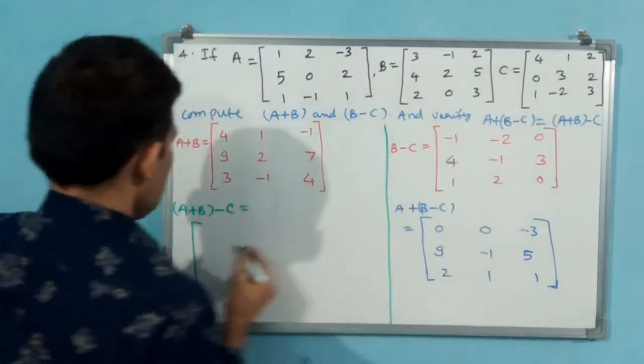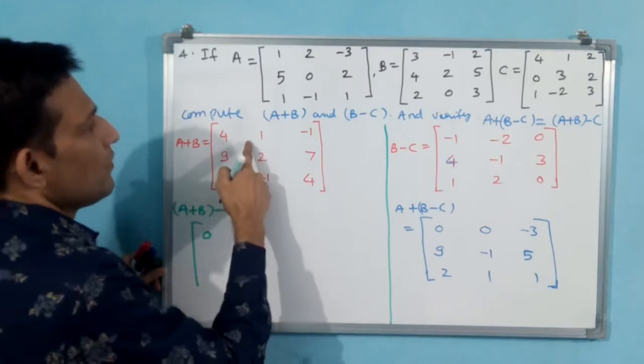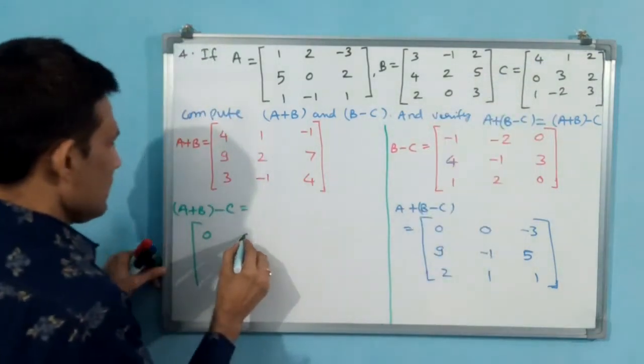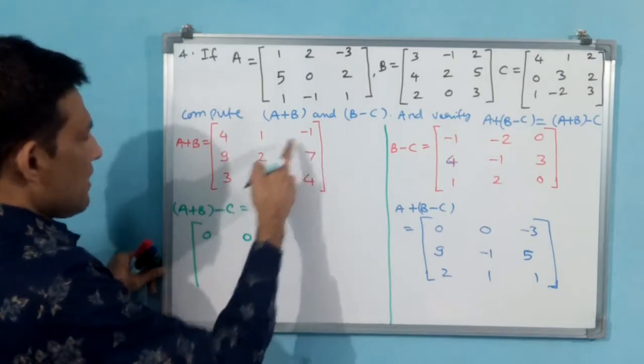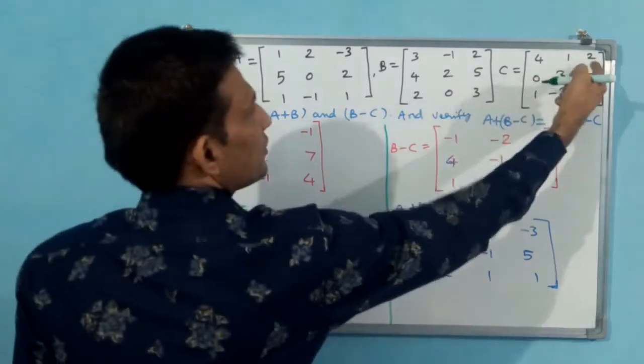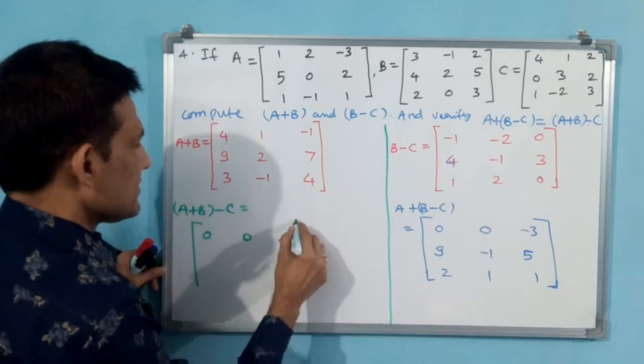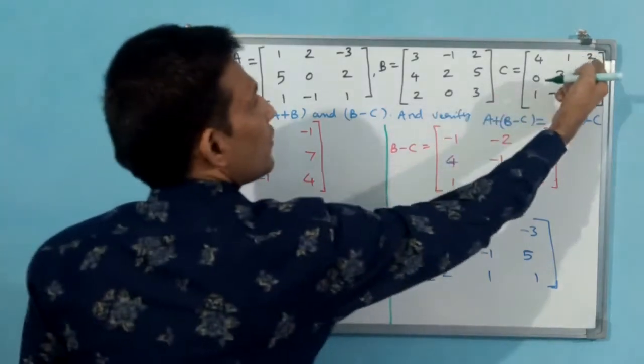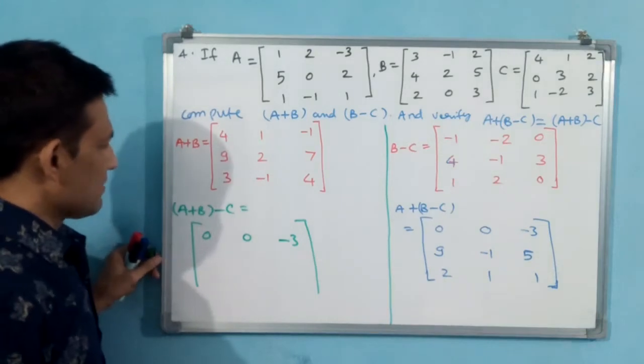4 minus 4, 0. 1 minus 1, 0. Okay, now minus 1 minus 2, minus 3. Minus 1 minus 2, 0.